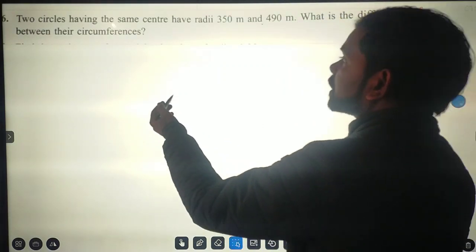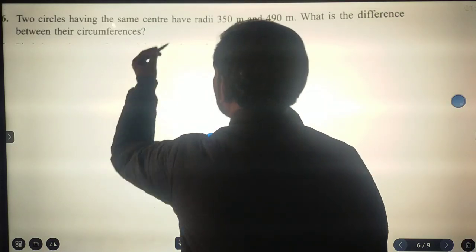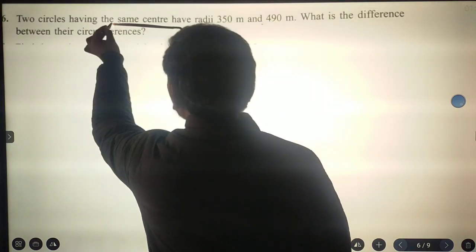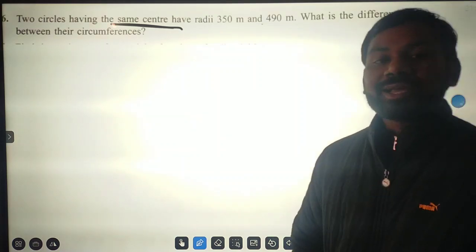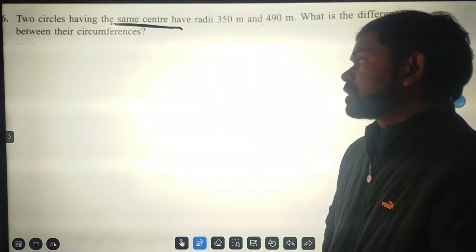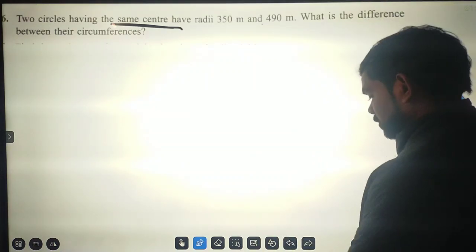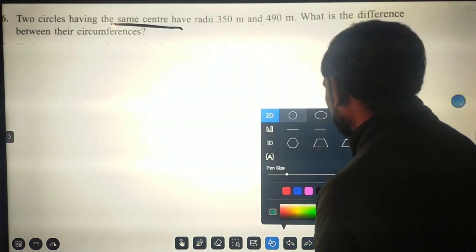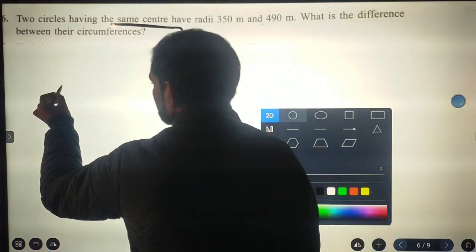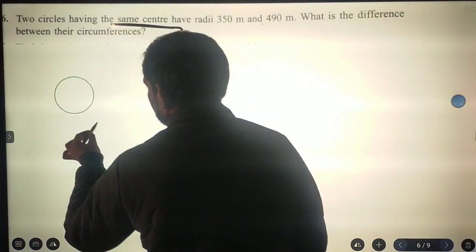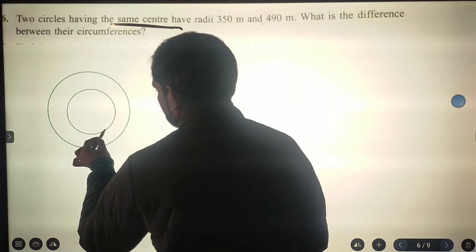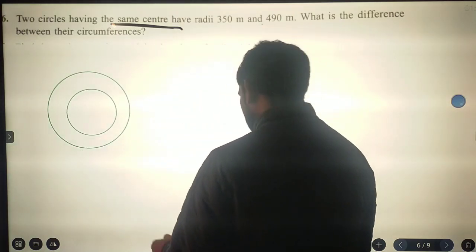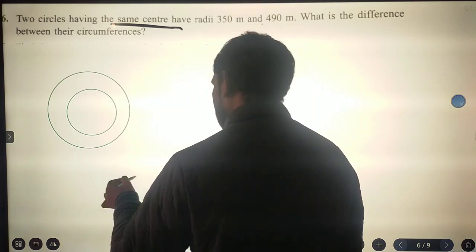Since the two circles have the same center, we get the idea that these are concentric circles. So let's see how a concentric circle looks like.